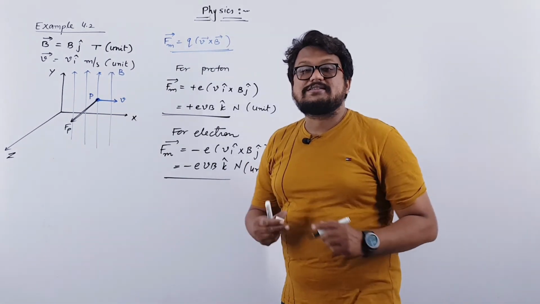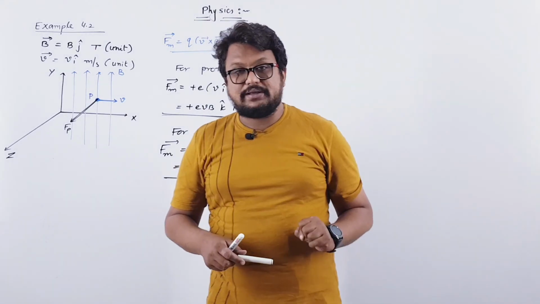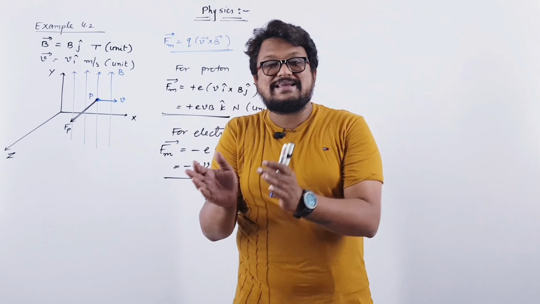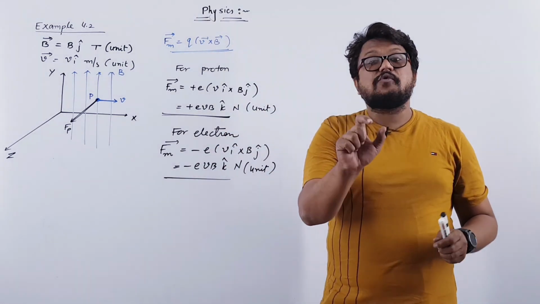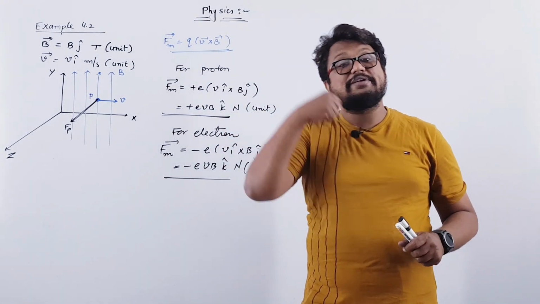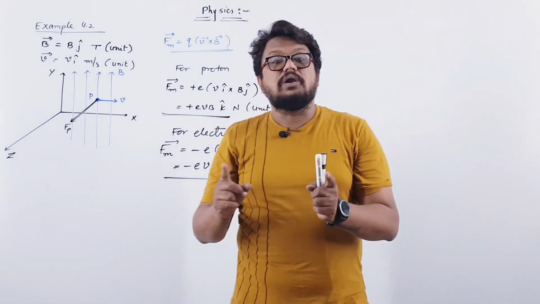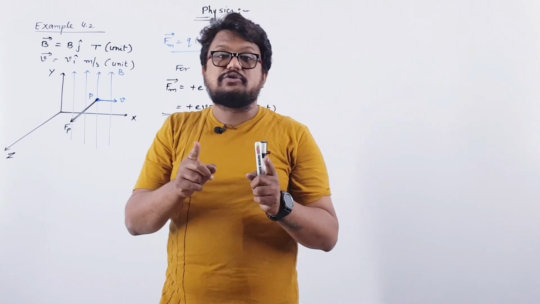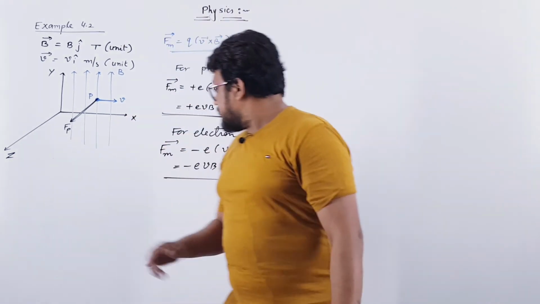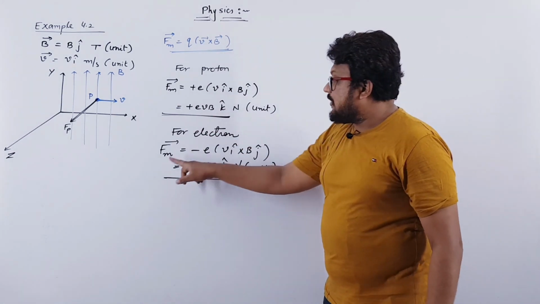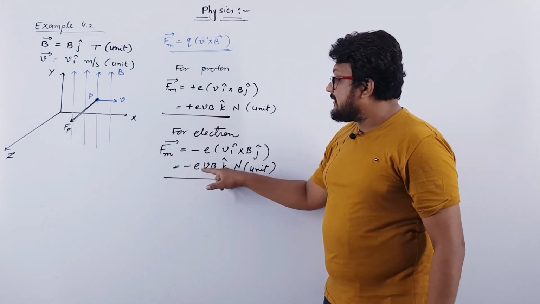We have already discussed that if we have two charged particles of the same magnitude, but one is positively charged and the other is negatively charged, then the force acting on them moving with the same velocity in a uniform magnetic field will be equal in magnitude but opposite in direction. Here the force for proton is eVB and for electron is minus eVB.